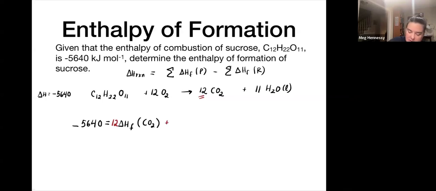And it's going to be the delta H of formation of liquid water. But again, I don't want to forget that coefficient. There are 11 of them. Minus the delta H of formation of the sugar. And 12 times the delta H of formation of oxygen.